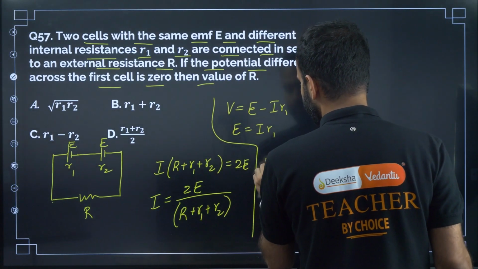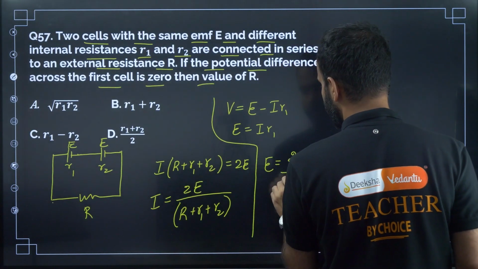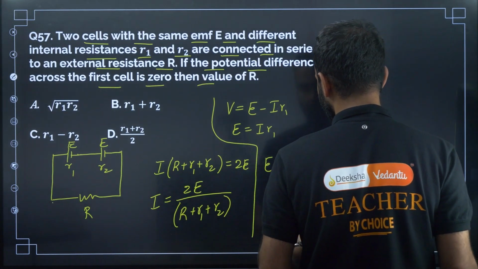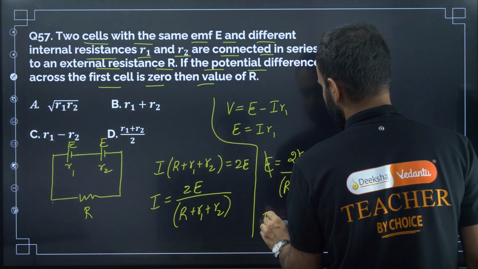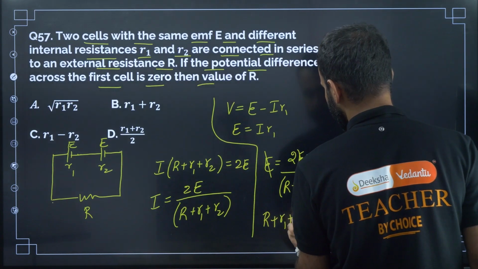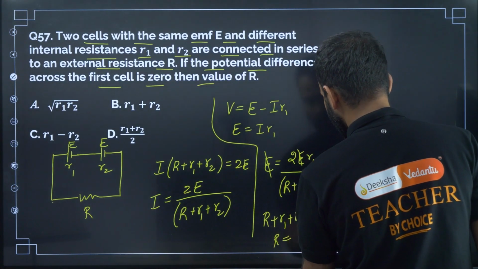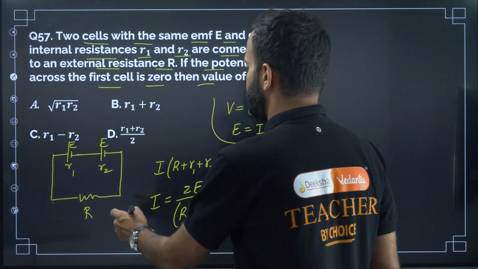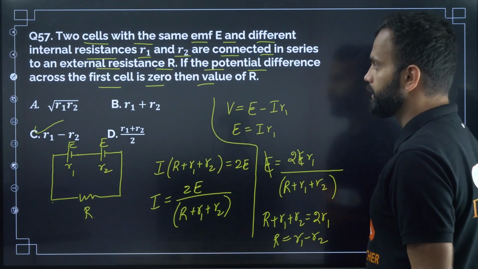So E equal to 2E R1 divided by R plus R1 plus R2. E will get cancelled, so R plus R1 plus R2 is equal to 2R1. So R equal to R1 minus R2. So the correct option is C. This is the value of the external resistance.